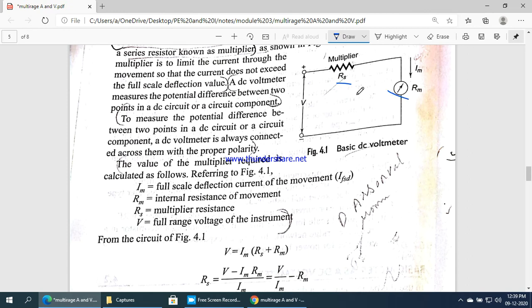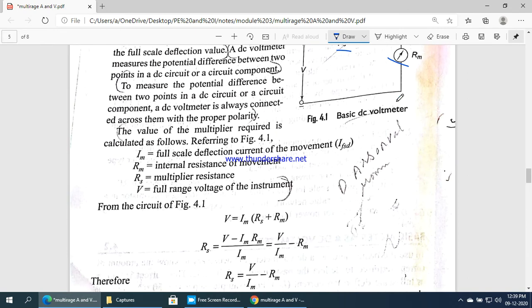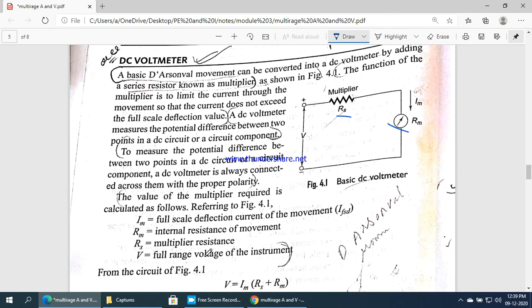So V equals Im into (Rs plus Rm). Rs can be written as follows: after rearranging, V equals ImRs plus ImRm. I want the Rs resistance to connect in series with this D'Arsonval movement. In the previous case we were interested in calculating the value of Rsh; similarly here, how can I calculate the value of Rs?